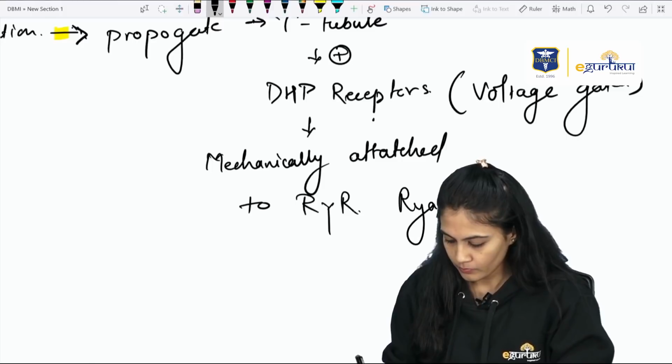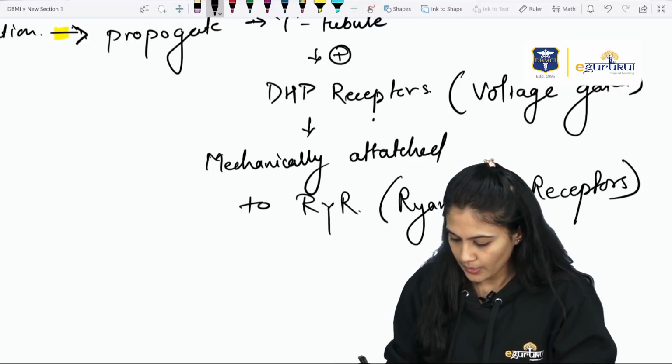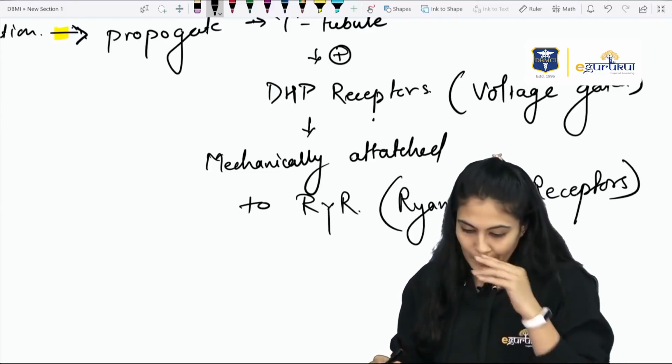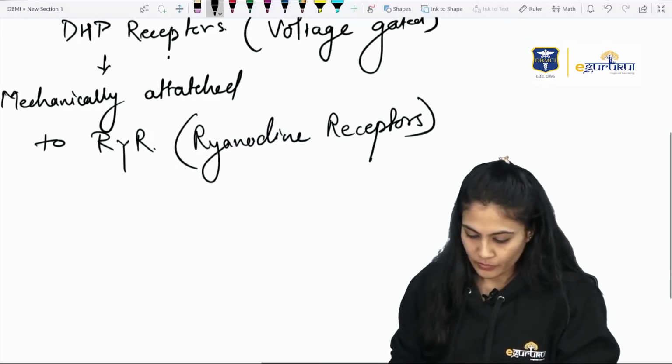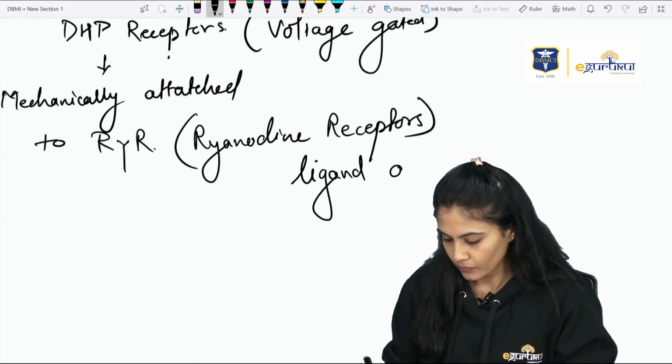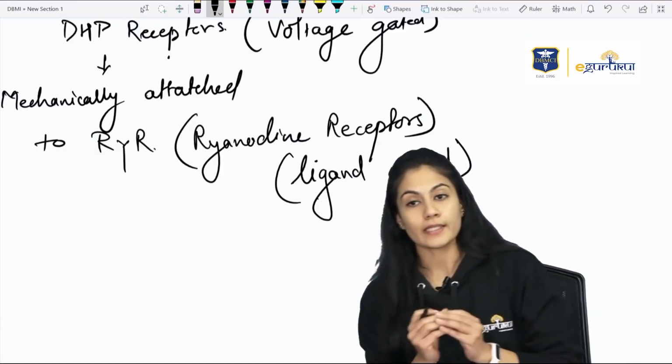Now, once this ryanodine receptor is opened up, these ryanodine receptors are ligand gated. No voltage came over there, so that's why they are ligand gated.